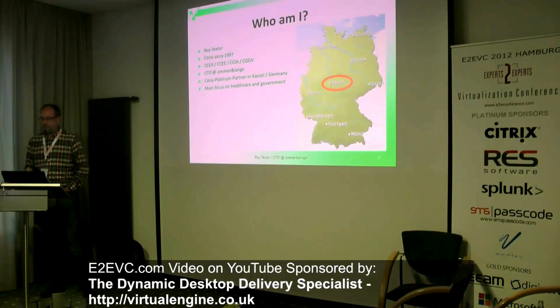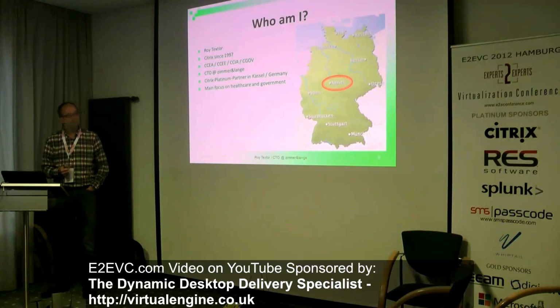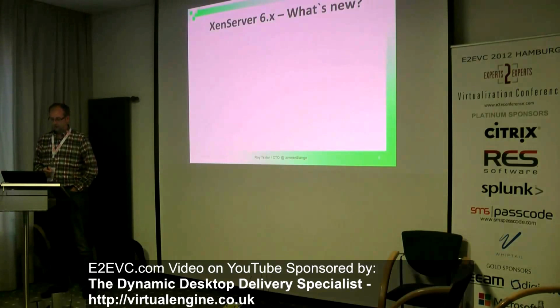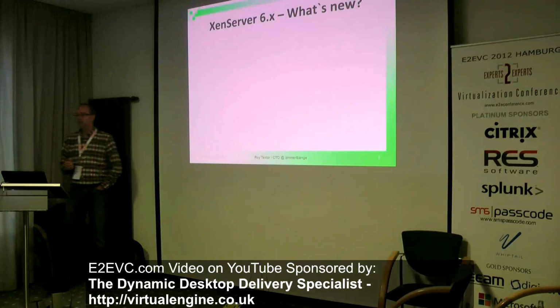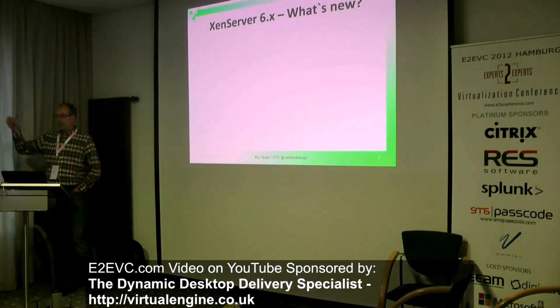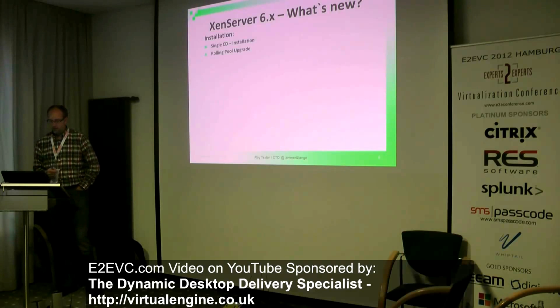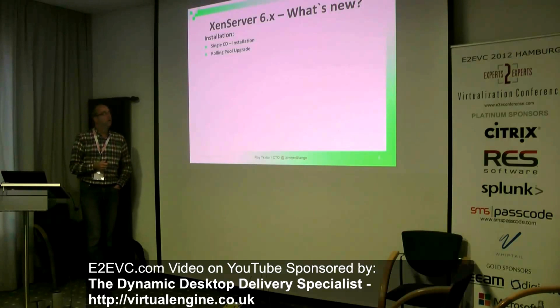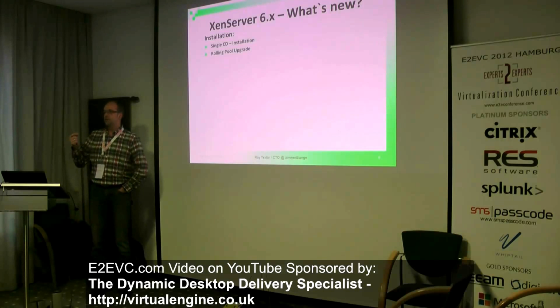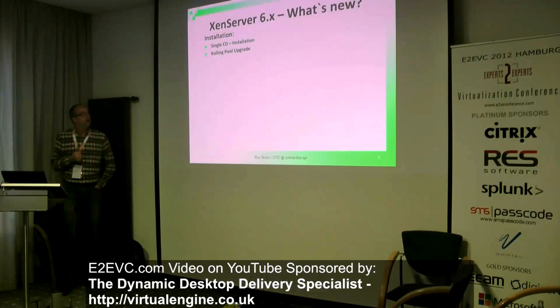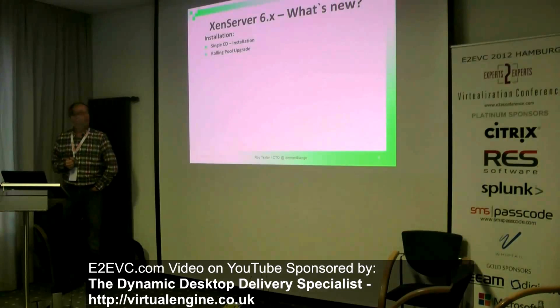Germany. At first, before we talk about the CLI, I want to tell you something about the new version of XenServer. I call it XenServer.x because some of the features I want to tell you about have been there since version 6.0, and some are new in the very new version 6.1. These two are from version 6.0.